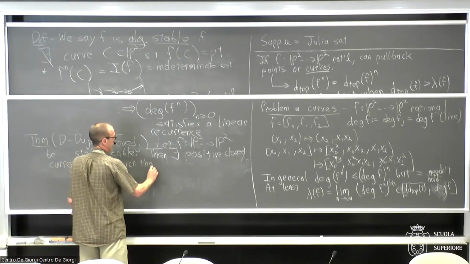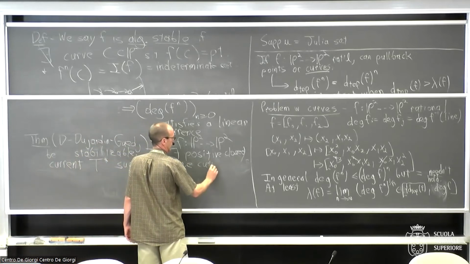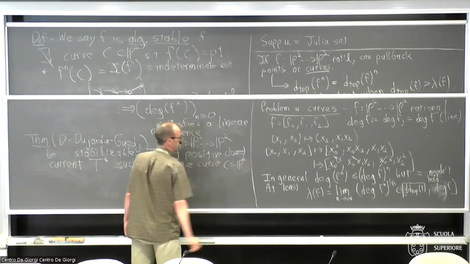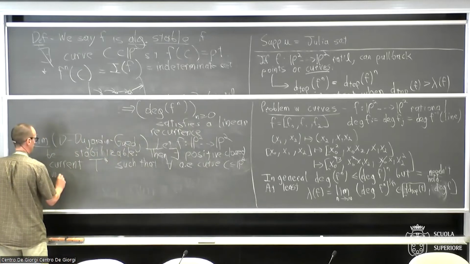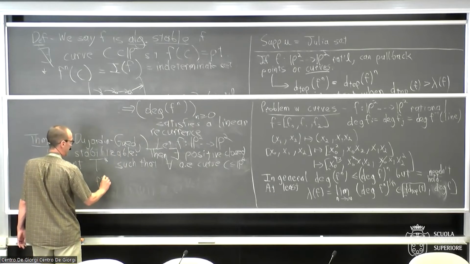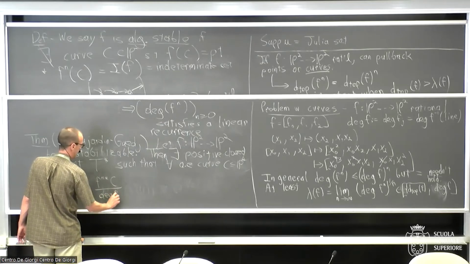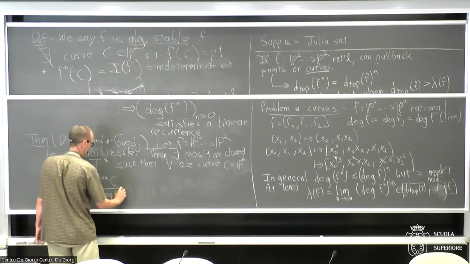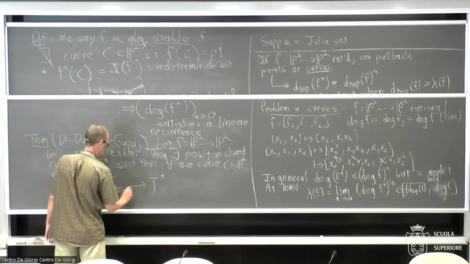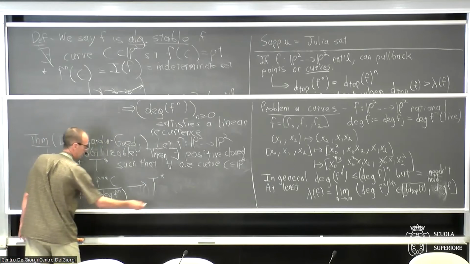such that for almost any curve C in P2, we have equidistribution: F to the n star of C over the degree of F to the n converges to T star as n goes to infinity.